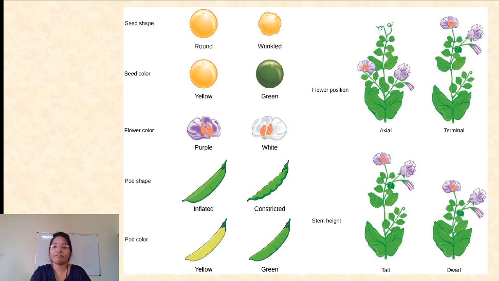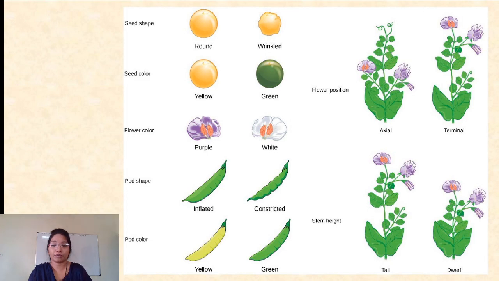Next is the flower position. Axial flowers are dominant and terminal flowers are recessive. And finally, stem height. Tall plant is dominant and dwarf plant is recessive. So these are some of the reasons that Mendel selected pea plant as experimental material.